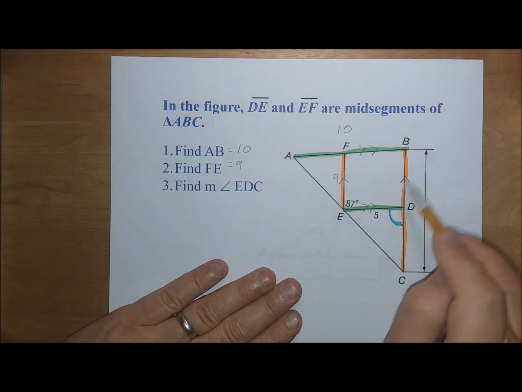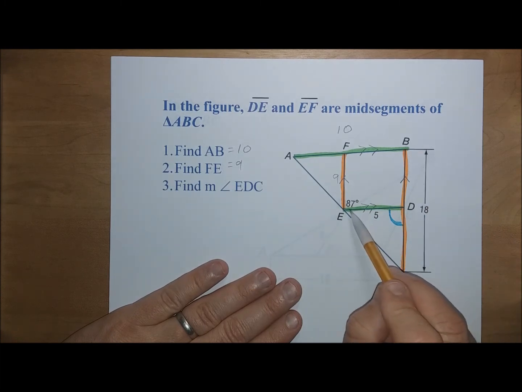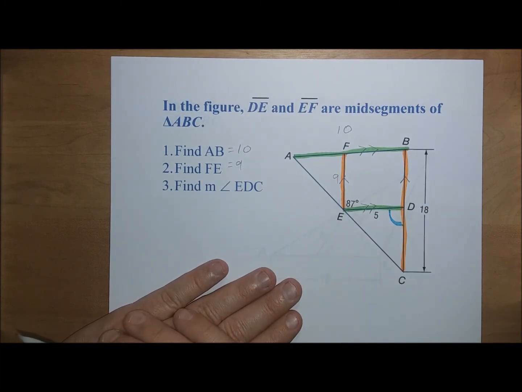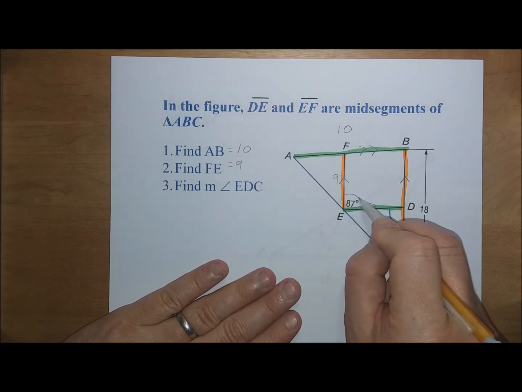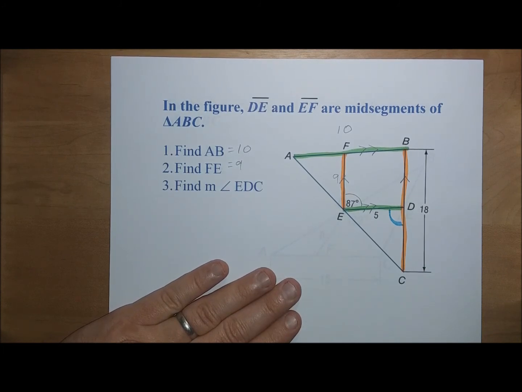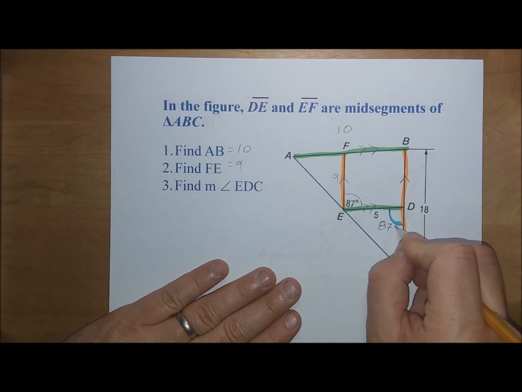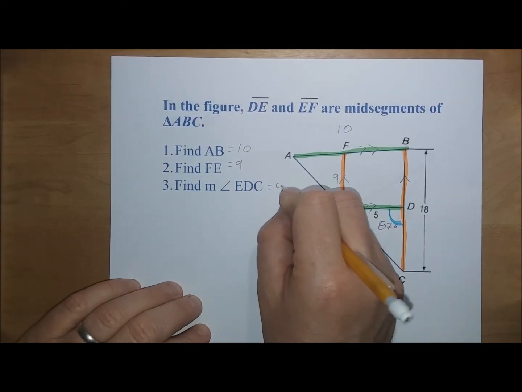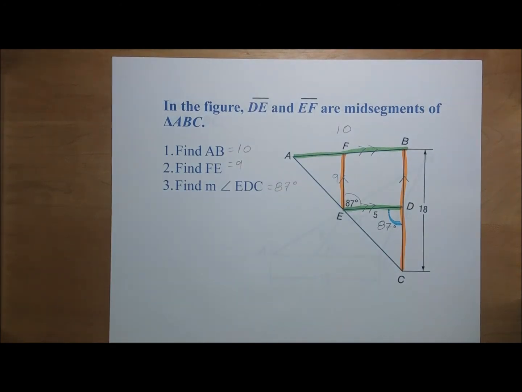If these two lines are parallel, isn't ED a transversal? And wouldn't that make this angle and this angle alternate interior angles? And when the lines that form them are parallel, the alternate interior angles are congruent. So that's going to be 87 degrees. Okay?